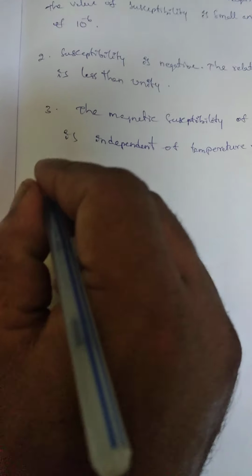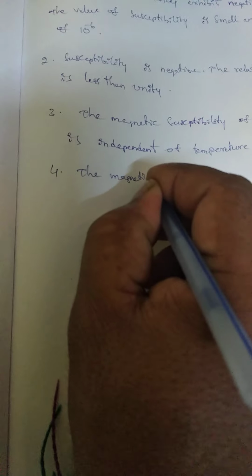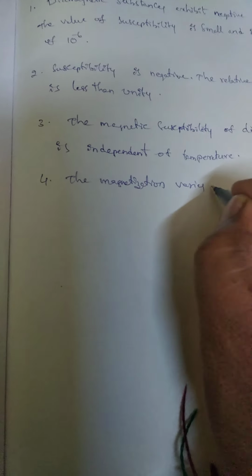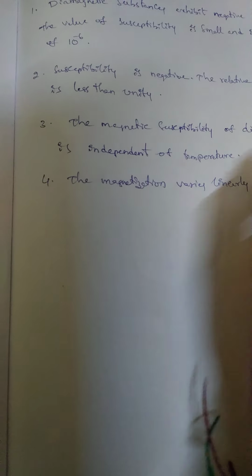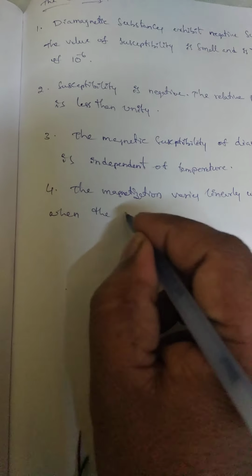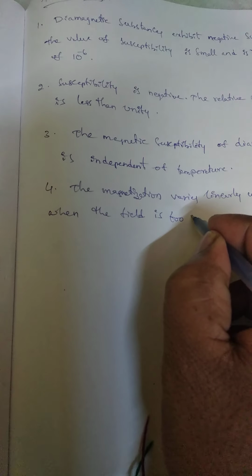The magnetization varies linearly with applied field H when the field is not too strong.